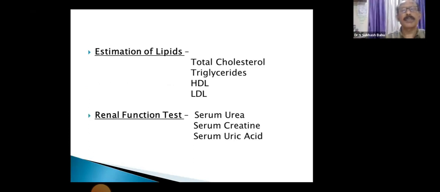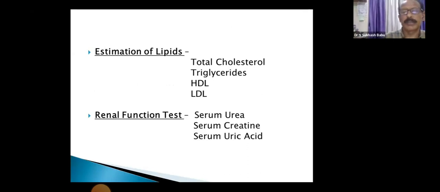And in the estimation of lipids, you look into the total cholesterol, triglycerides, HDL and LDL. These are the common things that we have to look into in the estimation of lipids. Total cholesterol should be below 180 to 190.